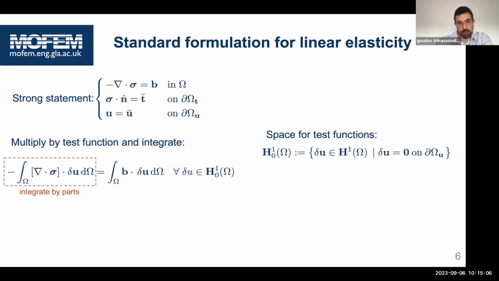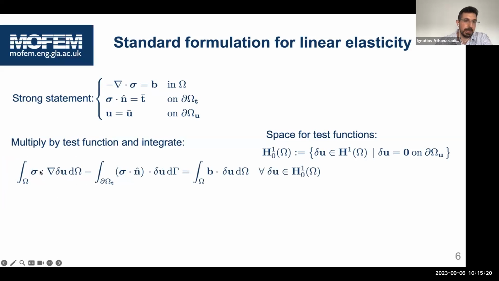So in order to end up with the weak formulation, we integrate by parts the part where essentially there are the second derivatives of the test function hidden under these brackets. And by performing this integration by parts, we recover the standard weak form of the linear elasticity relationship.